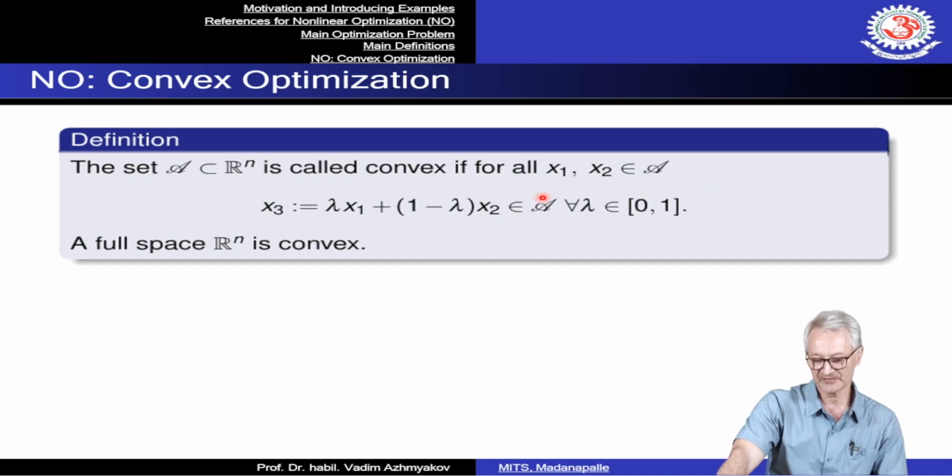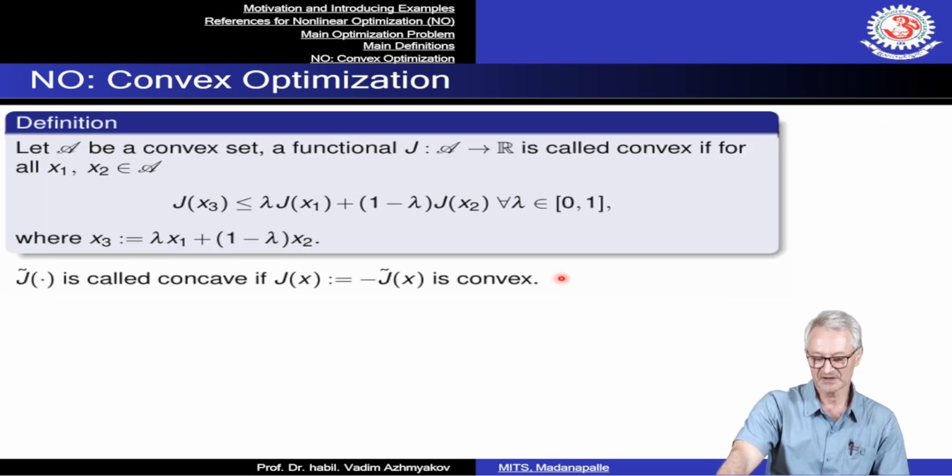That means if x3, combined as a convex combination of x1, x2, also belongs to calligraphic A, then the admissibility set calligraphic A is a set that we can call a convex set.